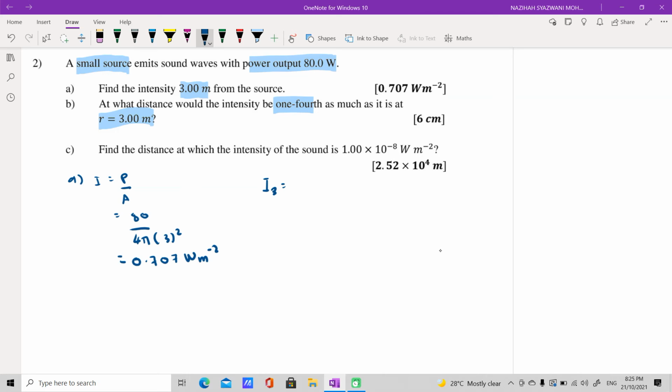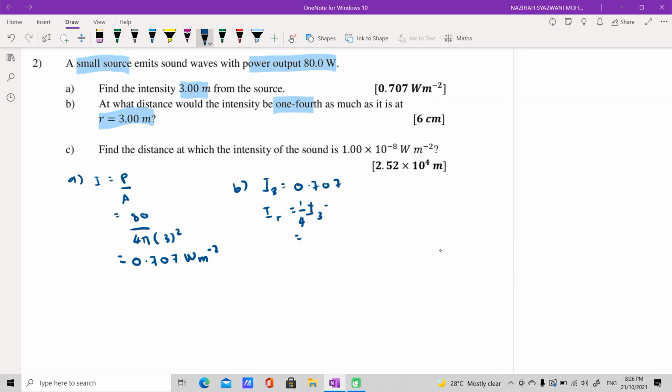The intensity we have obtained earlier is 0.707. So they want you to find I at a distance, but we don't know the distance. It would be 1/4 of that I3.